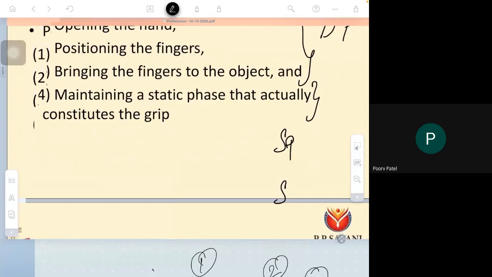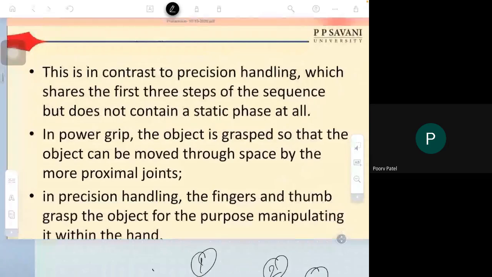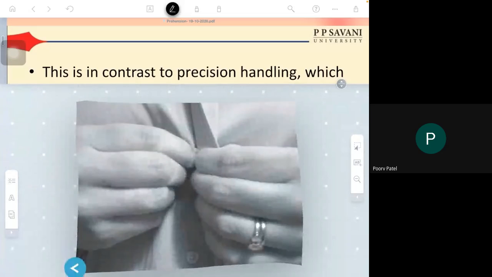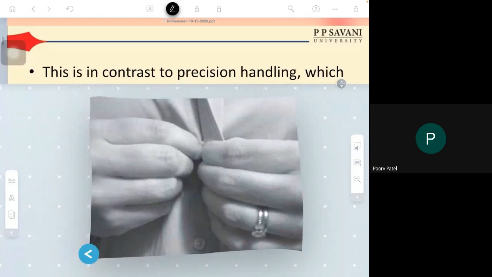In contrast, what is happening in precision? I have given an example. This is precision. Clear? So here, always the fingers are moving. There is no static phase here. Every time, you are moving your finger. You can try it.